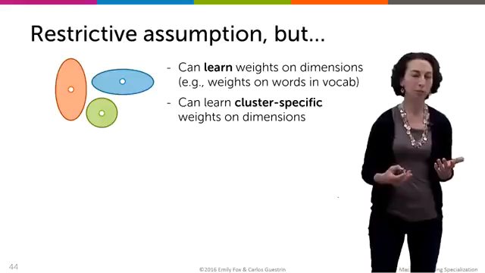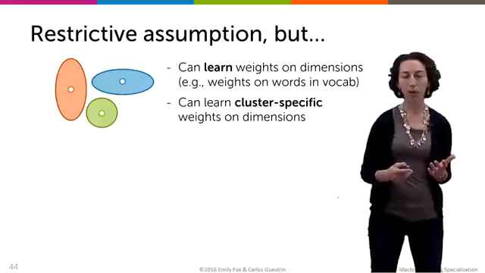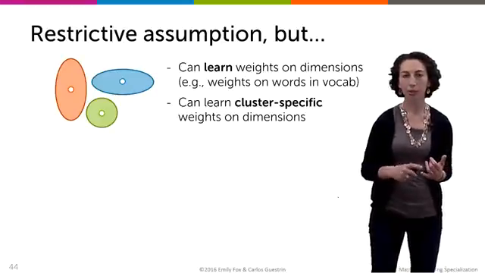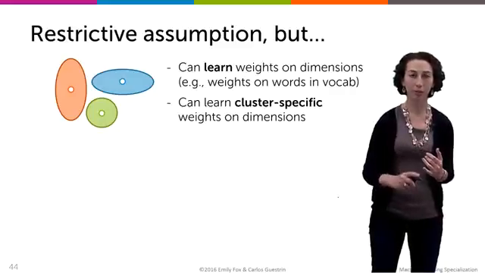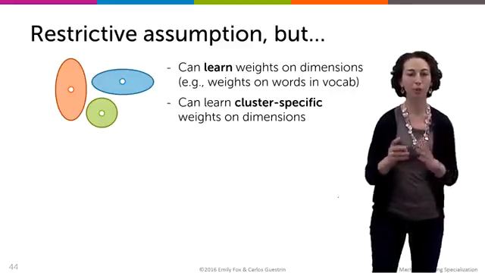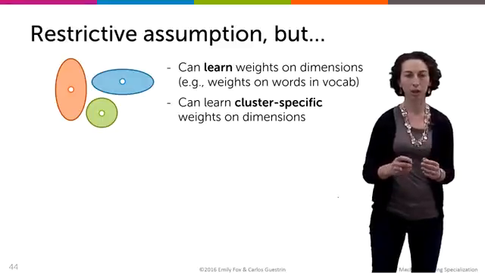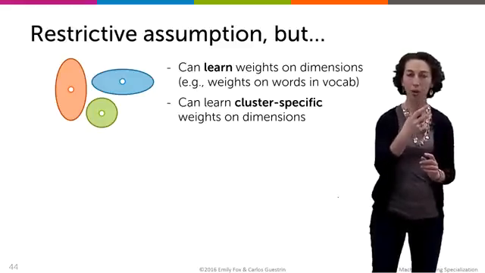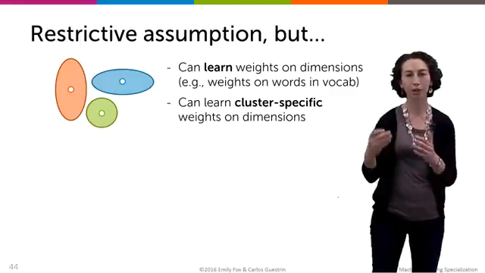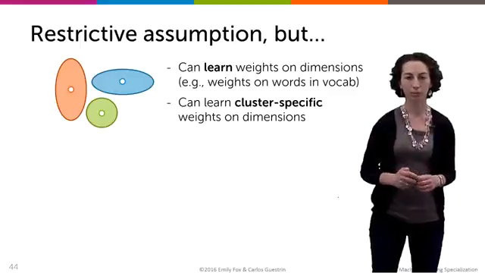And this represents a restrictive assumption, but I want to mention a few things. The first is that we can actually learn the weights on the different dimensions, and these can be different between the different clusters. So in one cluster, we might learn that one word is more important than the other word in forming the score of the observation under that cluster, and that could be different than in the other clusters.